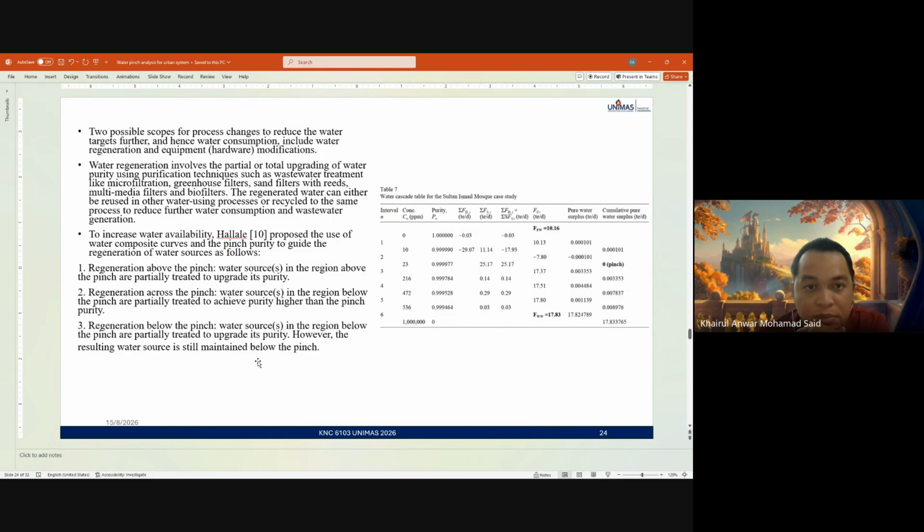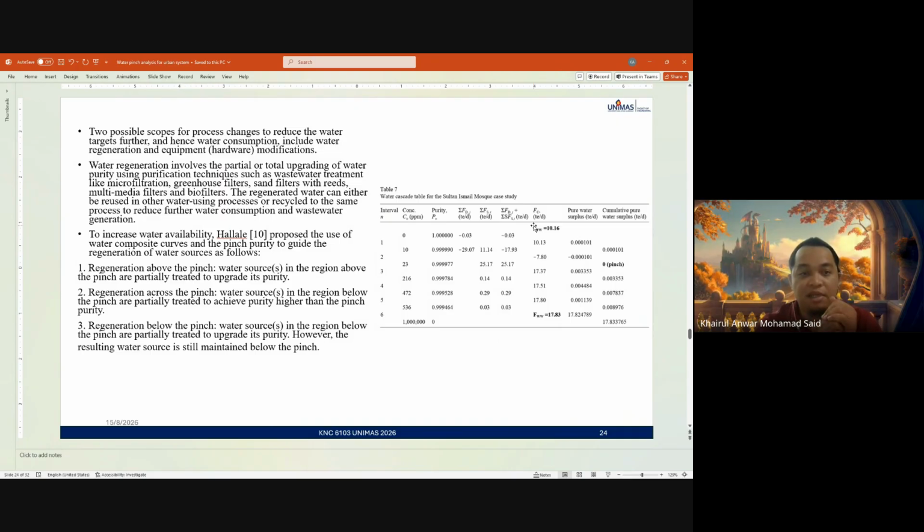So to further reduce the water target, water consumption reduction includes water regeneration and equipment modification. Water regeneration involves partial or total upgrading of water purity using purification techniques.